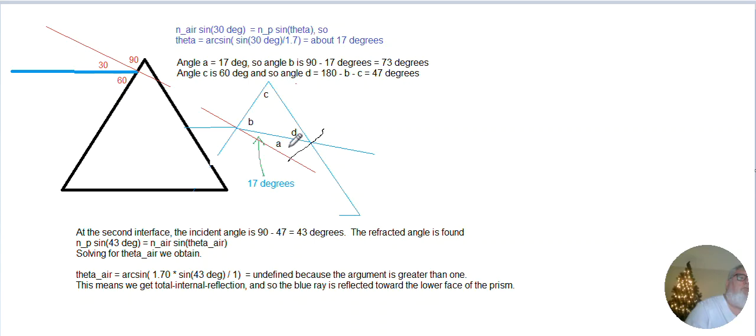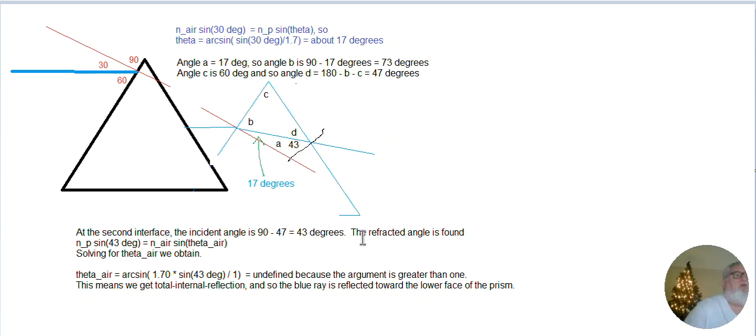So we know that that angle there is 43 degrees.